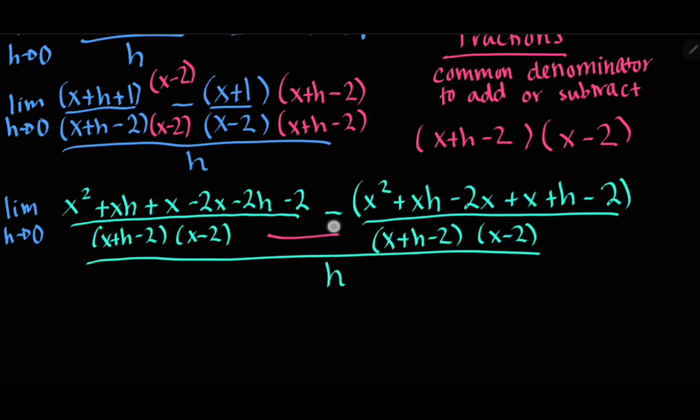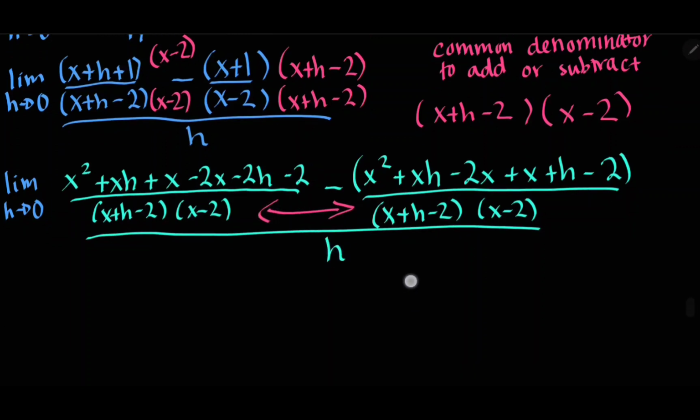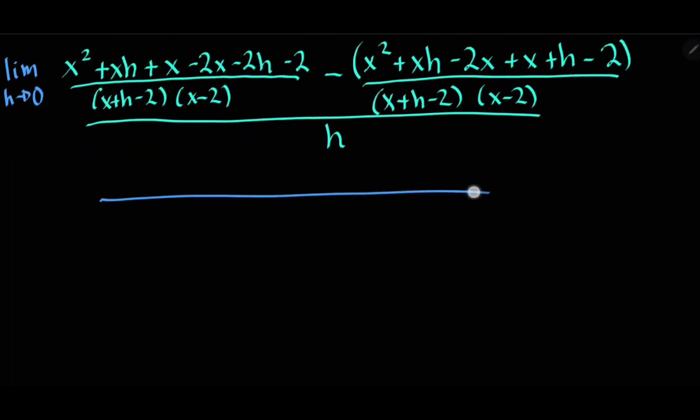Since they have a common denominator, we can put them all under the same fraction. And I can go ahead and carry this negative in, so anything that's positive will become negative, anything that is negative will become positive. X squared is positive, so it'll become minus x squared.